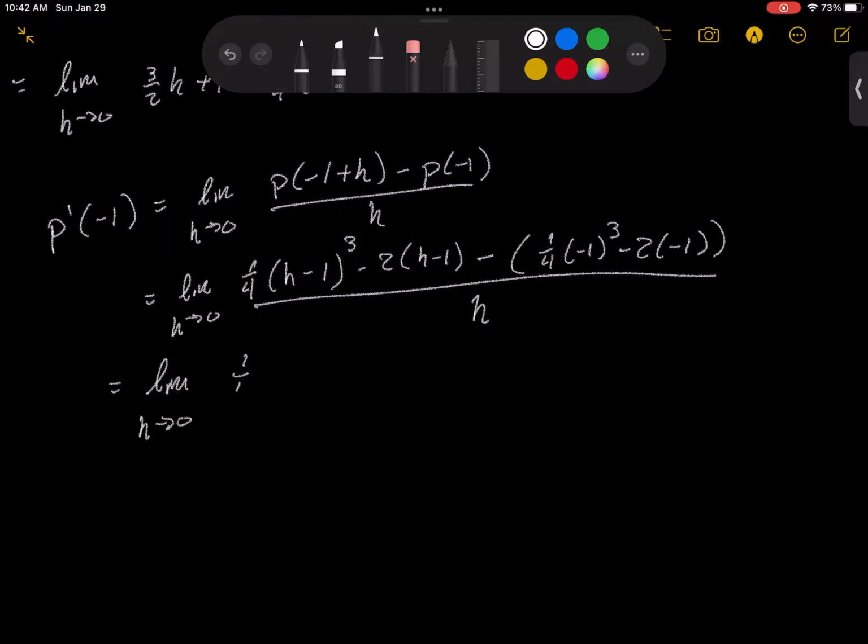So now what do we have? We have that 1/4 times h minus 1, h squared minus 2h plus 1 minus 2h plus 2. And then the minus 1 cubed is going to give me a minus 1. So we have a plus 1/4 and a plus 2.